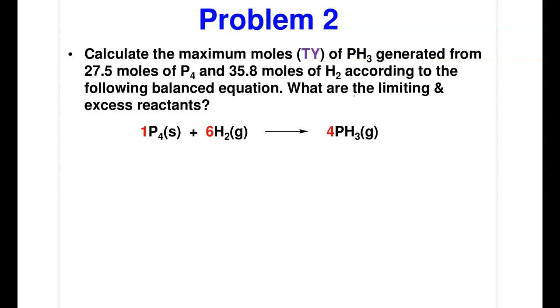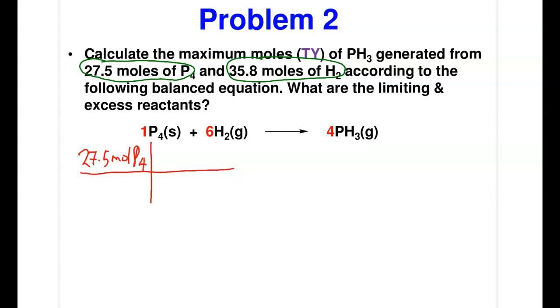Again, we start. The two ingredients we are given: we have 27.5 moles of P4 and 35.8 moles of hydrogen. So I'm going to use my red. It's going to be 27.5 moles of P4. Now, what do I have here? I have the mole ratio of phosphorus to PH3 to be 1:4.